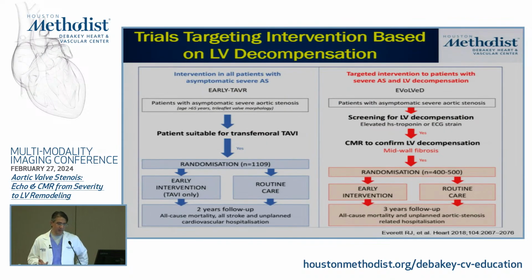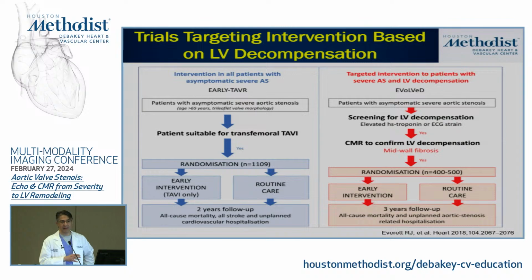And why this becomes important is because there are now 2 studies out there, and hopefully we should see the results of these coming out soon, which try to intervene on the ventricle earlier in aortic stenosis, before you have decompensation of the ventricle. One is where you're looking at early TAVR. They're going to be randomized to early intervention or routine care. We're going to see the results of that.